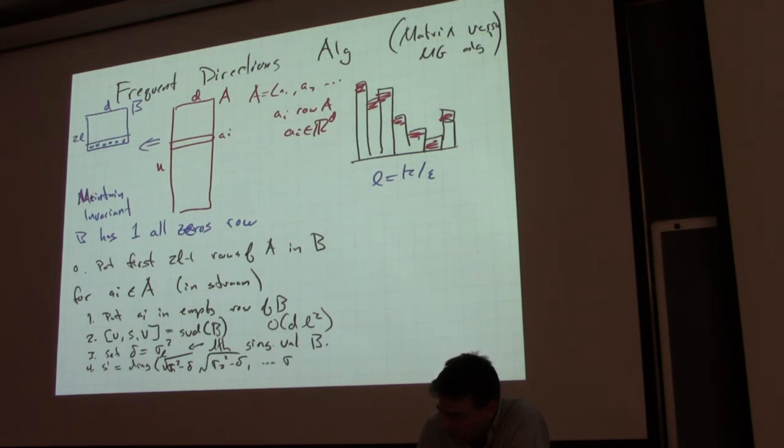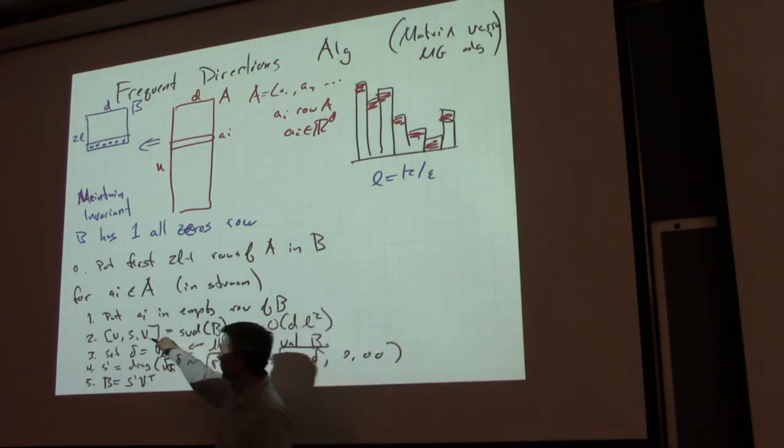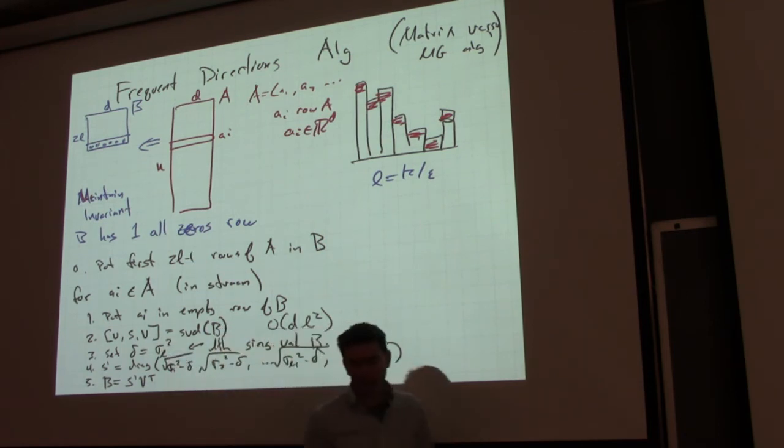So sigma L minus 1 squared minus delta square root, and then the rest of these are zeros. And then step 5, I'm going to set B back equal to S prime, this updated S prime matrix, times V transpose, which is what came out of the singular value decomposition up here.